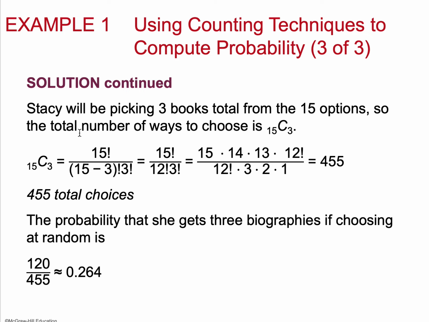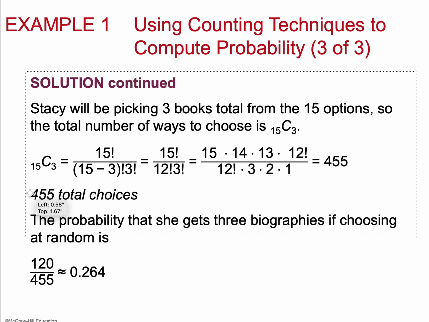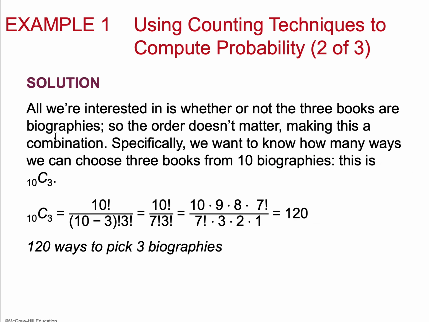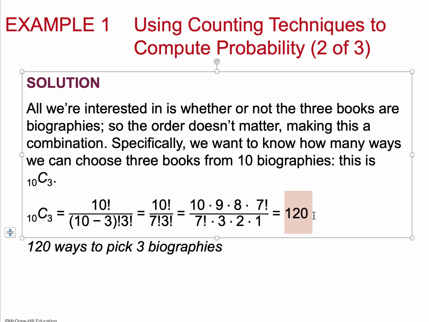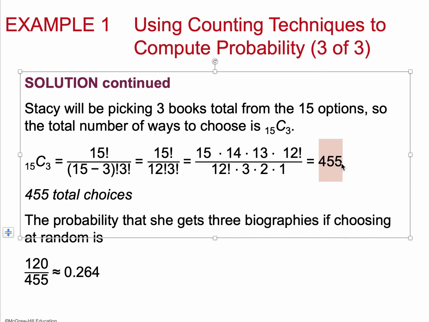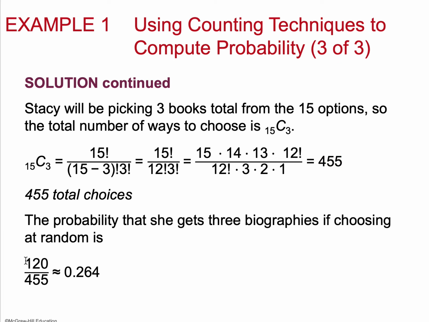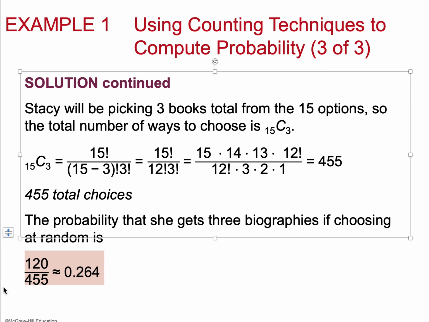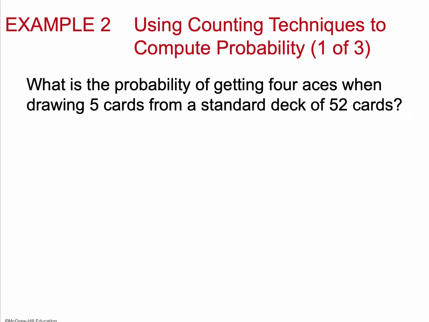If I'm looking at 3 books from 15 options, that would be 3 from 15, and I get 455 total choices. So there are 120 ways to pick 3 biographies and 455 ways to pick 3 books from a pool of 15. To find the probability, I do 120 divided by 455, which is 26%.